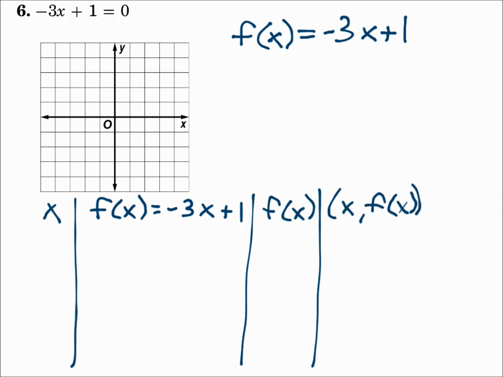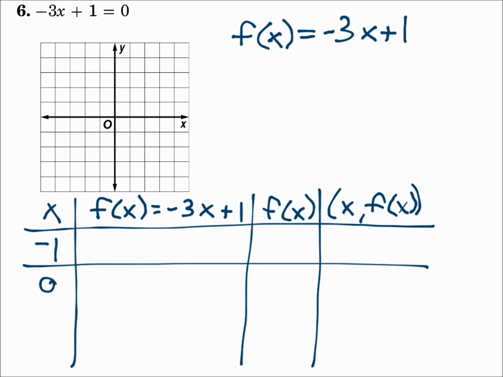Remember, that's your x comma y column, because y and f of x are the same thing. X is negative 1, 0, and 1. Then we'll substitute those x values in and solve for y, which is f of x.